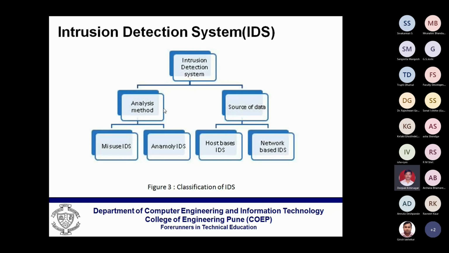Host-based intrusion detection system. But when we are talking about a smart city network or IoT network, or any organization network, so many networking devices are there: your web server, your application server, database servers, so many servers.